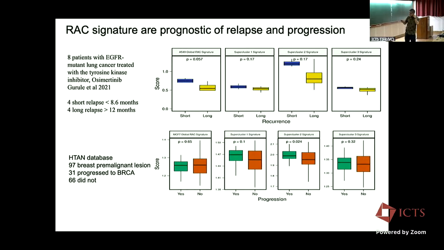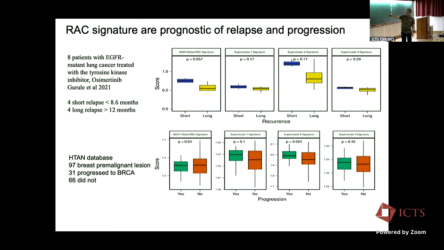This is interesting. First, the RAC signature is prognostic of relapse and progression, not just overall survival. This is a very small data set, 8 patients with EGFR mutant lung cancer treated with tyrosine kinase inhibitor. So 4 short relapse, 4 long relapse, and we simply checked whether our supercluster signatures are higher for short relapse, resistant signatures.